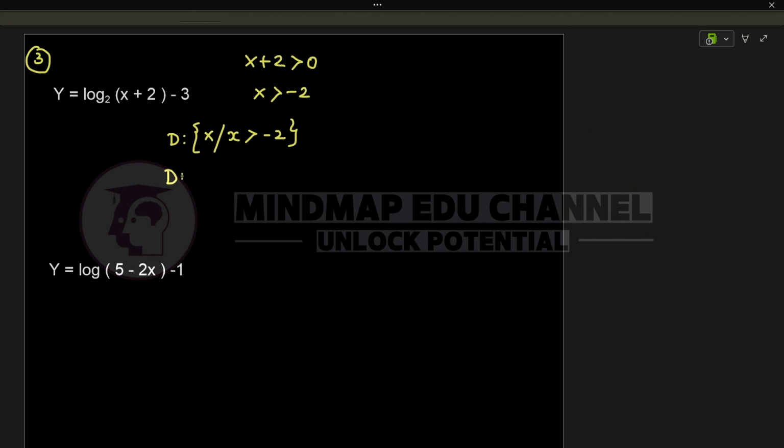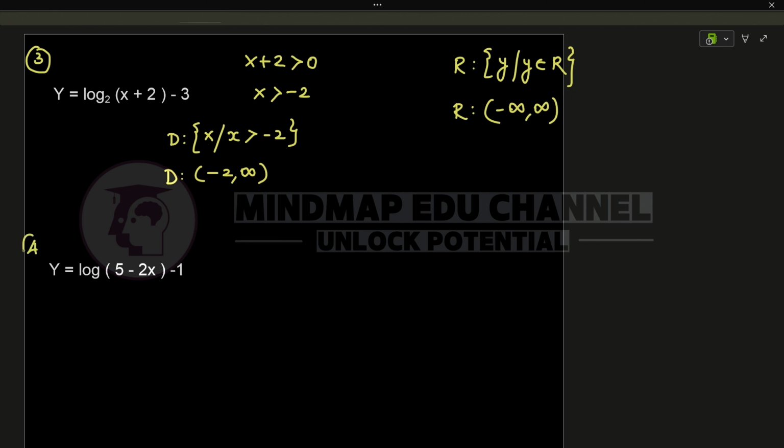And in interval notation, the domain is from minus 2 to infinity. And the range of any logarithmic function is always the set of y values such that y is the set of all real numbers. And in interval notation, the range is given from minus infinity to plus infinity.